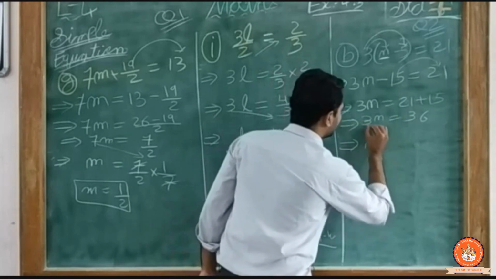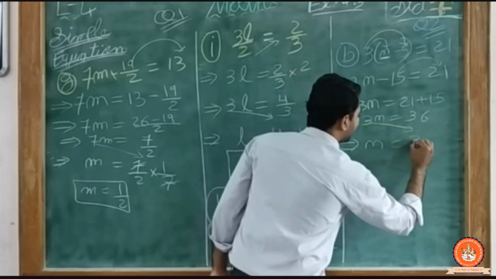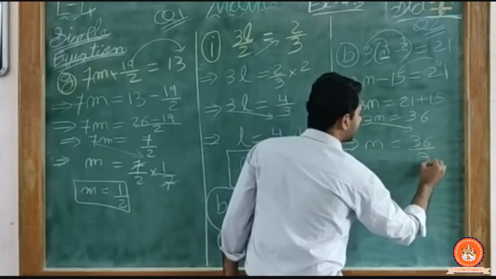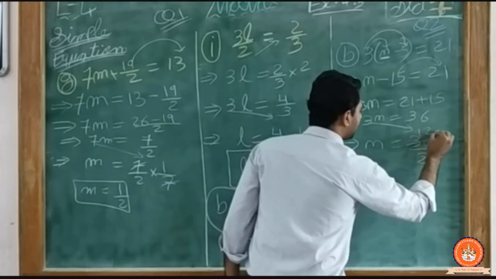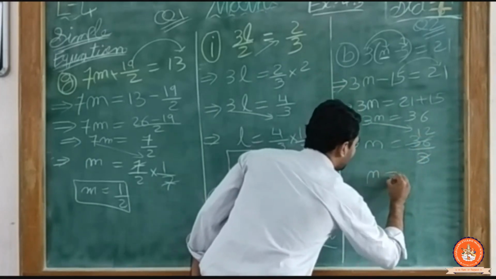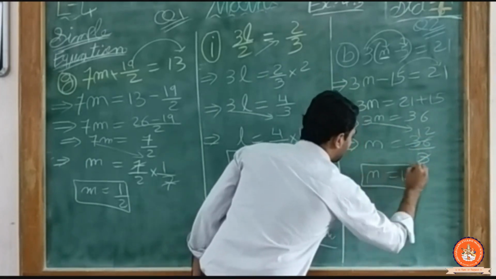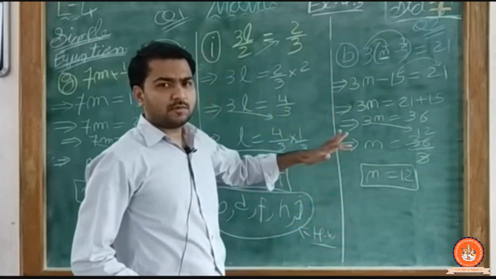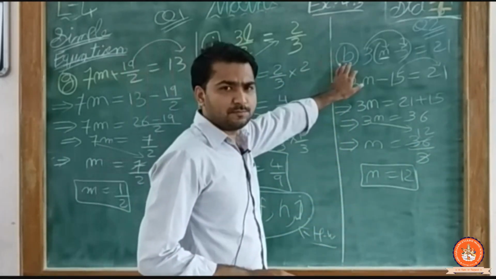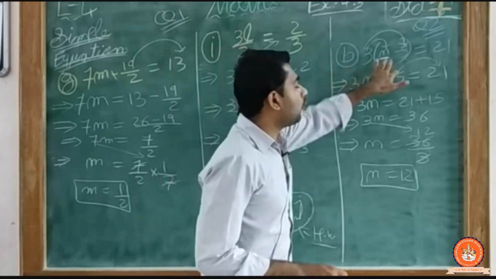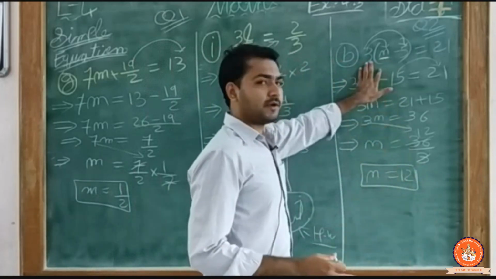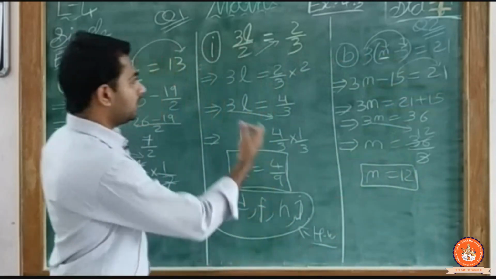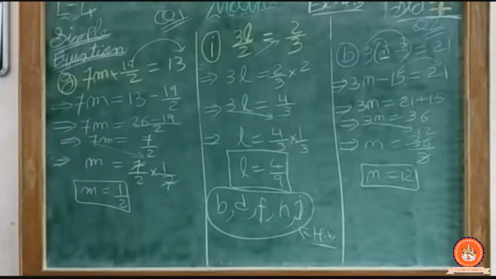So n is equal to 3 will go down, 36 divided by 3, that means 3 1s are 3 and 3 2s are 6. So n is equal to 12. Okay, students, in question number 2, you have to first of all make it simple. So for that you have to open the bracket, as I explained, you have to do it like that only. Before moving forward, write this much.